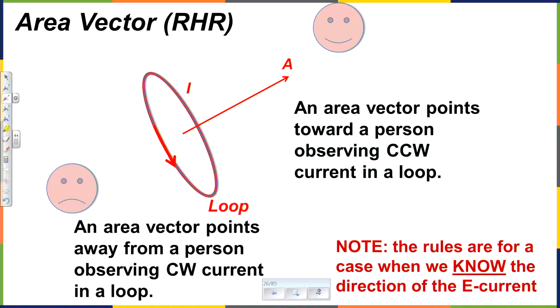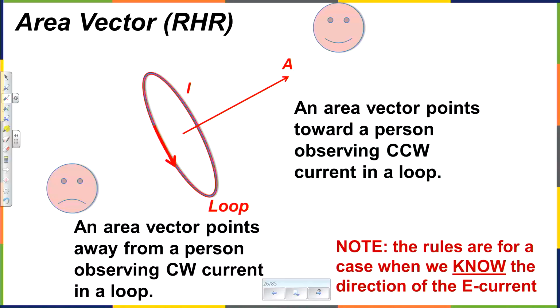When we know the direction of the current in the loop, we use right hand rule number 8 to relate the direction of the current in the loop and the area vector.